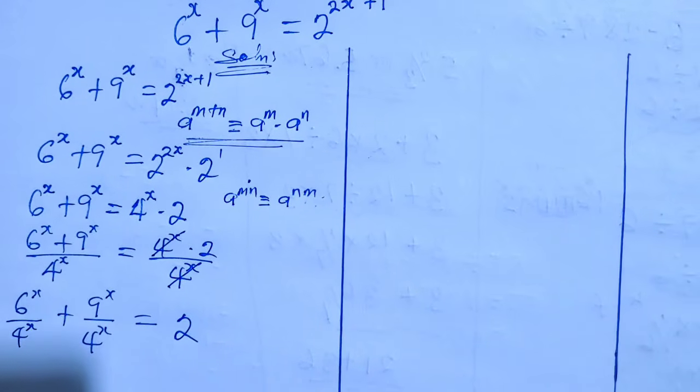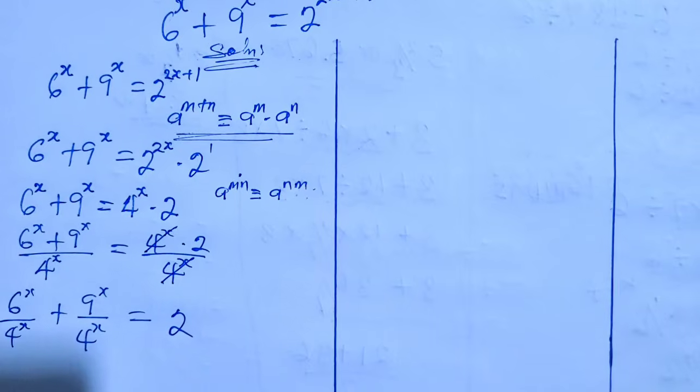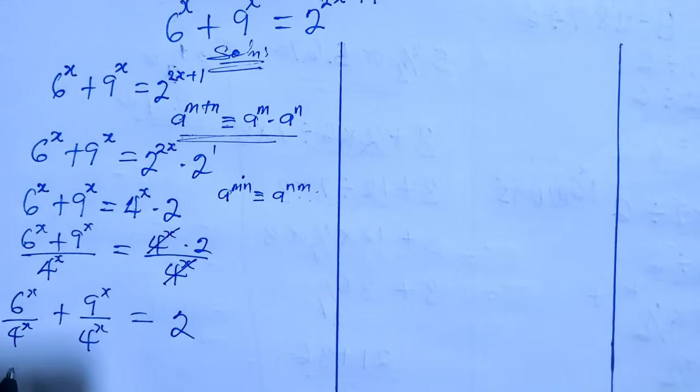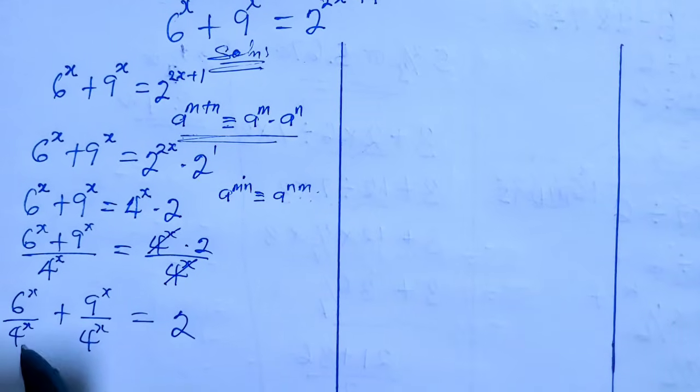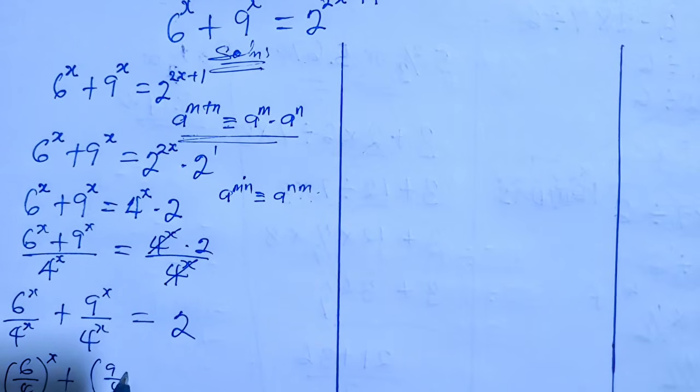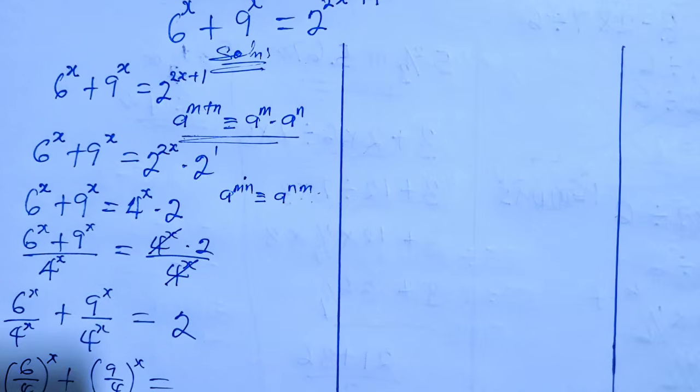This particular expression can also be expressed, since they have a common power of x, as 6 all over 4 to the power of x plus, same thing here, 9 all over 4 to the power of x equals 2.